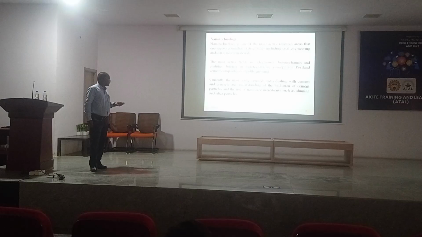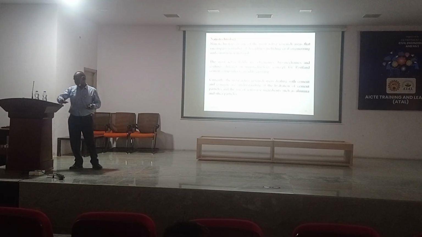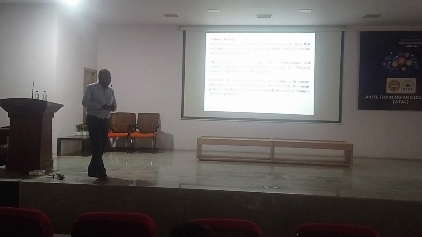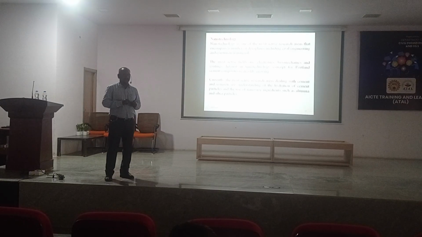Most active research areas dealing with cement and concrete are understanding the hydration of cement particles. Some researchers use whatever materials are available in the market and get the strength. They are using fly ash, GGBS, silica fume, everything. But they don't know the reason for the increase of strength.